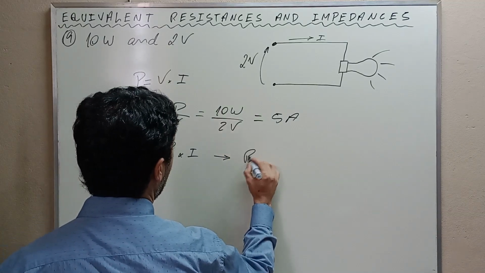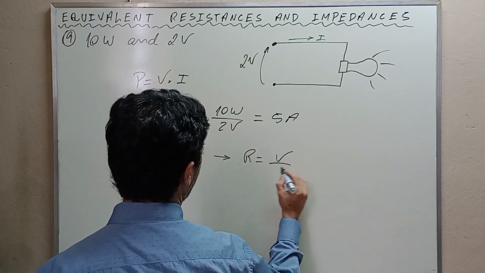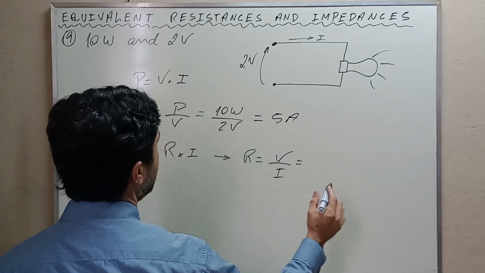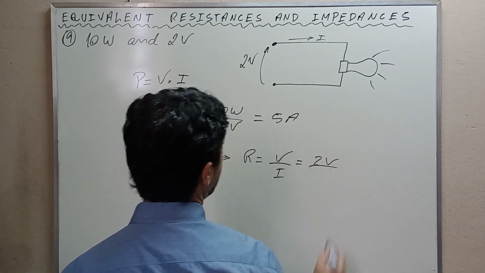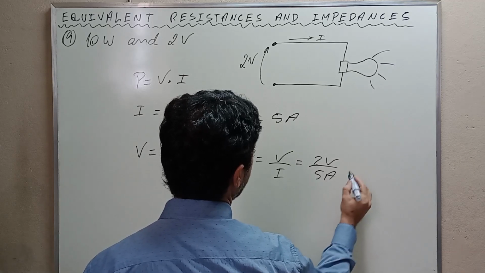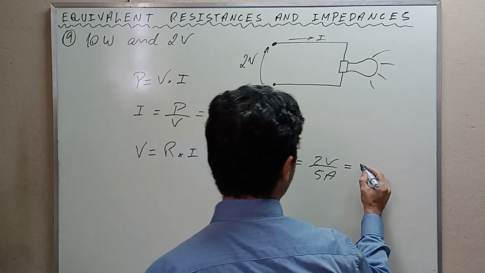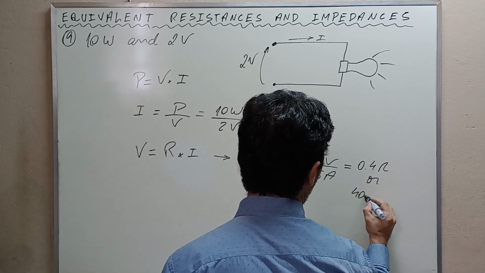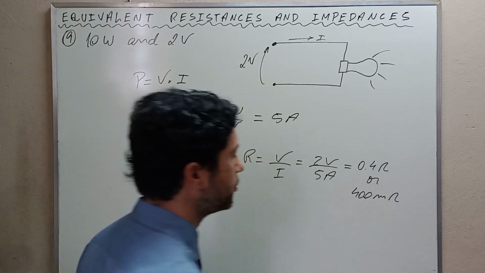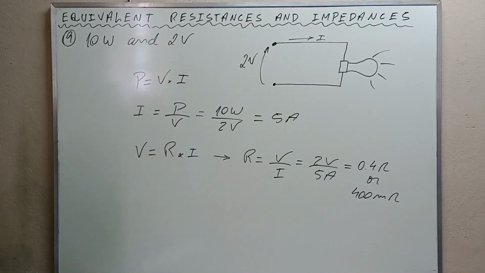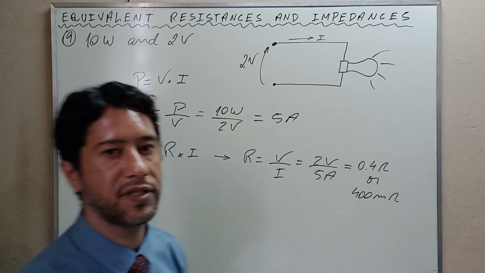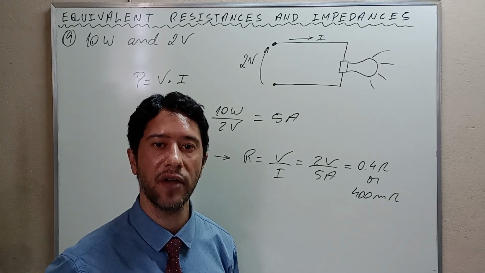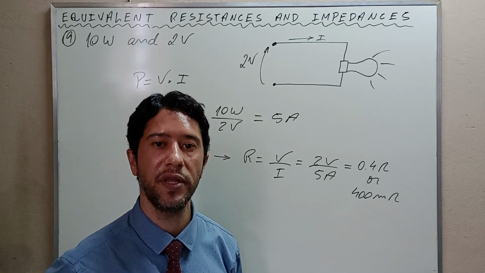R is equal to V over I. The voltage is 2 volts and the current 5 amps, and this is equal to 0.4 ohms or 400 milliohms. And this is the solution of the exercise, very easy, and it is all for the discussion of exercise number 9. Let's go to the next. Let's go to exercise number 10.